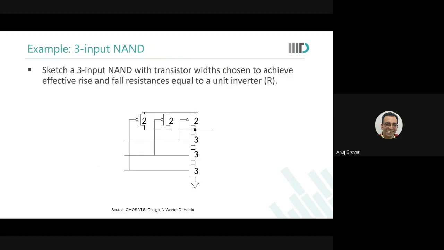Okay. So now if we consider a 3-input NAND gate, do you think that this sizing of the 3-input NAND gate is correct? Why would I want to size it like this?